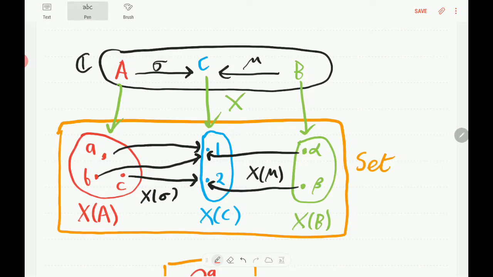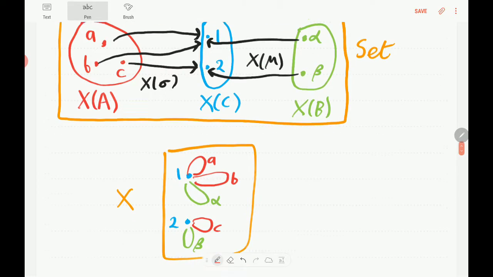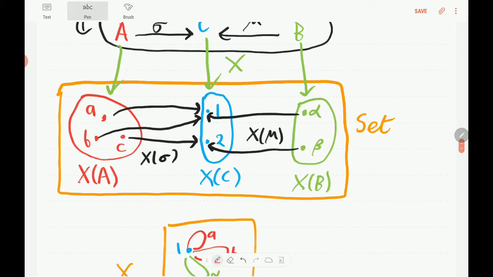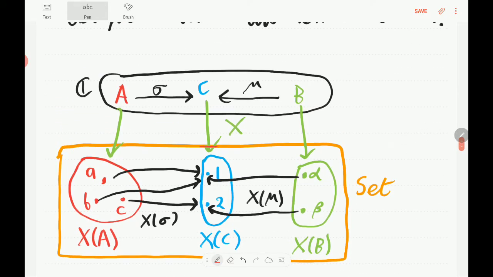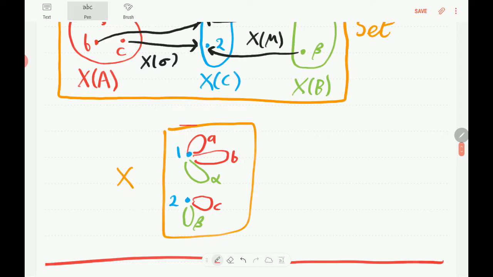So X of sigma is telling us which vertices those red petals have, whereas X of mu is telling us which vertices those green petals have. So this object here, this functor from C to set, is visualized like this in this category of bouquets with two kinds of petals.